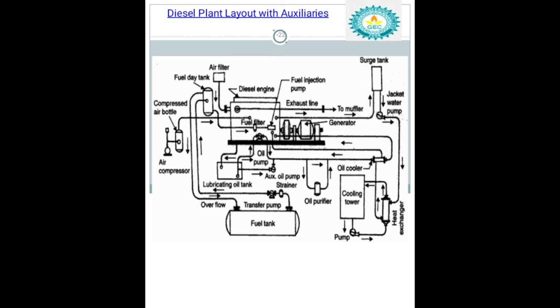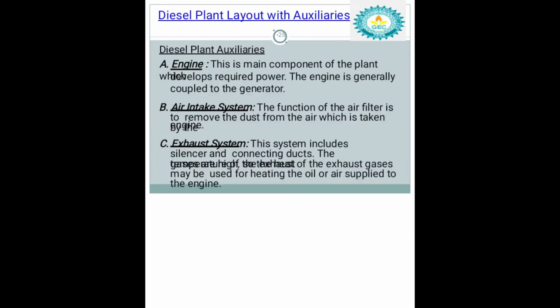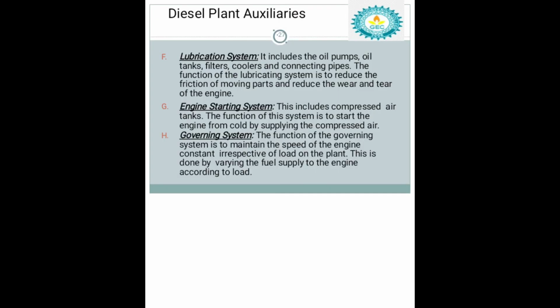In the diesel power plant, the main parts are engine, air intake system, exhaust system, fuel system, cooling system, lubrication system, engine starting system and governing system. These total systems are the main components in diesel power plant. Now we will explain individually and discuss each system in this topic.